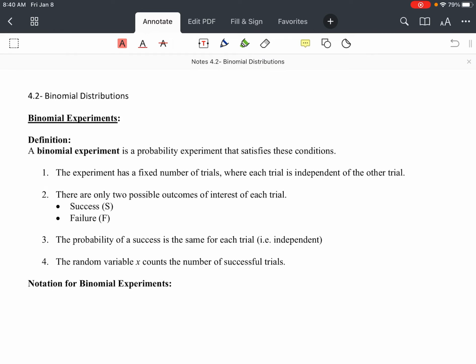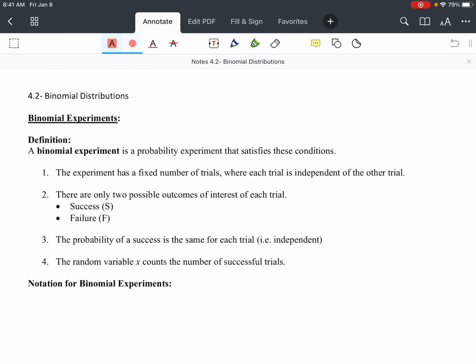The probability that he makes it would be the probability of success, whereas the probability of missing it would be the probability of failure. So that's an example of either you're successful in what you're looking for, or you failed at what you're looking for.